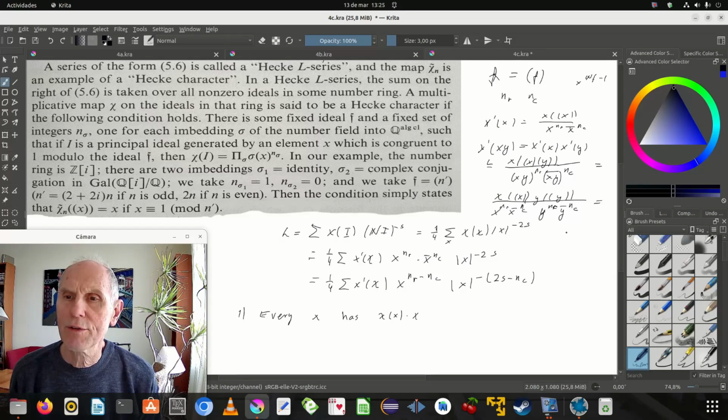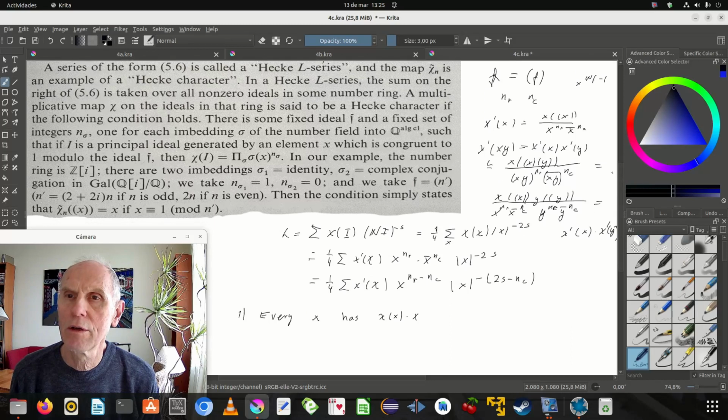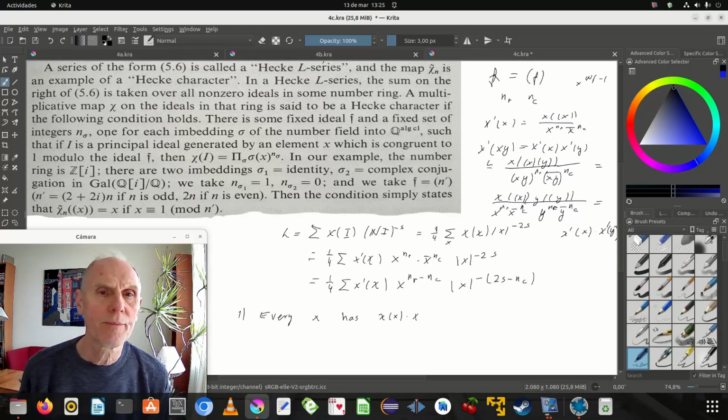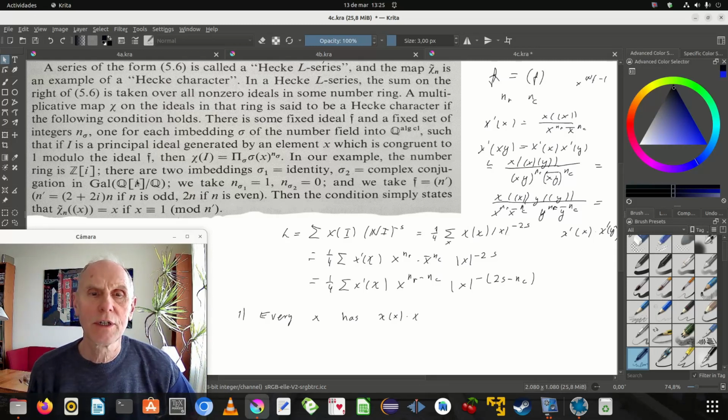And then that gives chi-bar of x times chi-bar of y. So that shows why a Hecke series has this form when it is over the Gaussian integers.